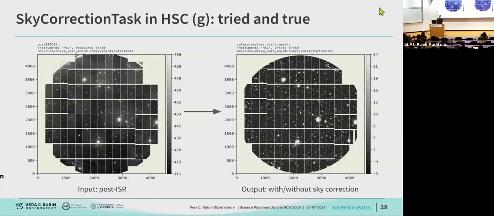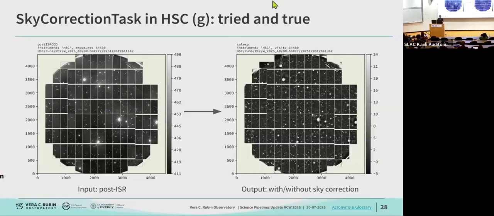And on the right, you have a blink between two different background estimation algorithms. One is a per-detector algorithm, and that's just a Chebyshev polynomial, and it subtracts off the small scale background before detection and measurement. And then there's also a full focal plane background estimate, which tries to capture the larger scale backgrounds.